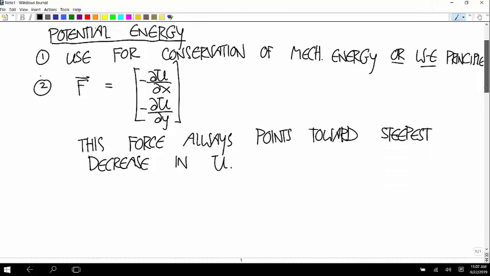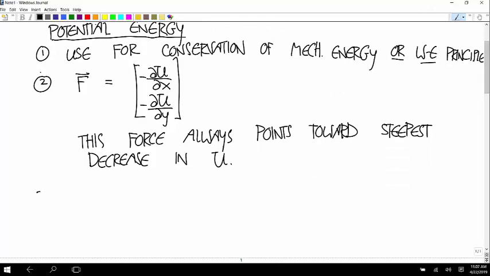And then the second type of calculation that you can do is the work done by the force is equal to the negative change in potential energy. So if you calculate the potential energy at instant 1 and the potential energy at instant 2, take the difference, 2 minus 1, that gives you the change in potential energy.